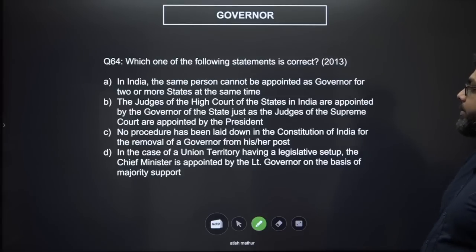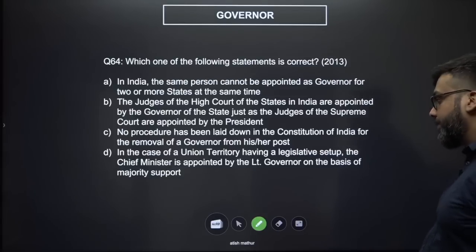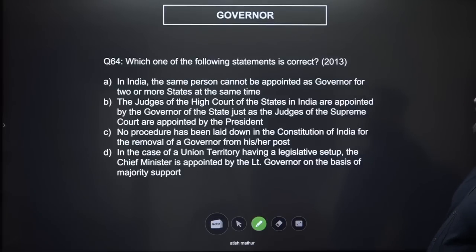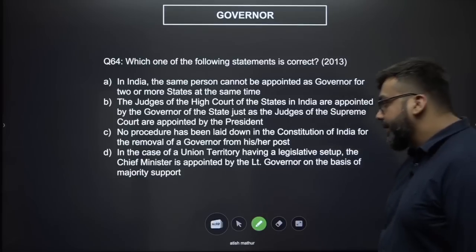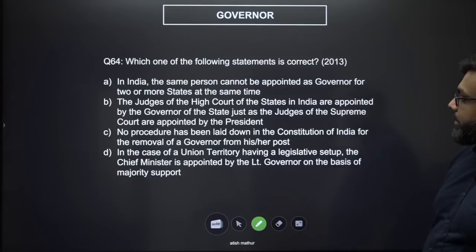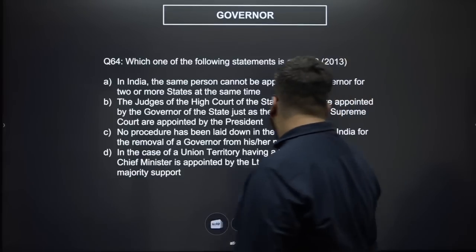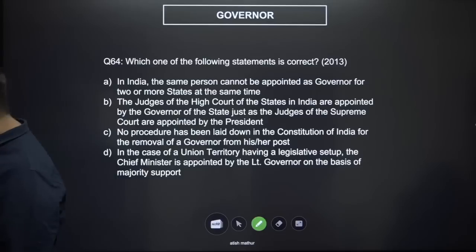No procedure has been laid down in the Constitution for the removal of governor from his or her post. In case of a union territory having a legislative setup, the Chief Minister is appointed by the Lieutenant Governor on the basis of majority support, which means whichever party has a majority support and therefore can be chosen, right?